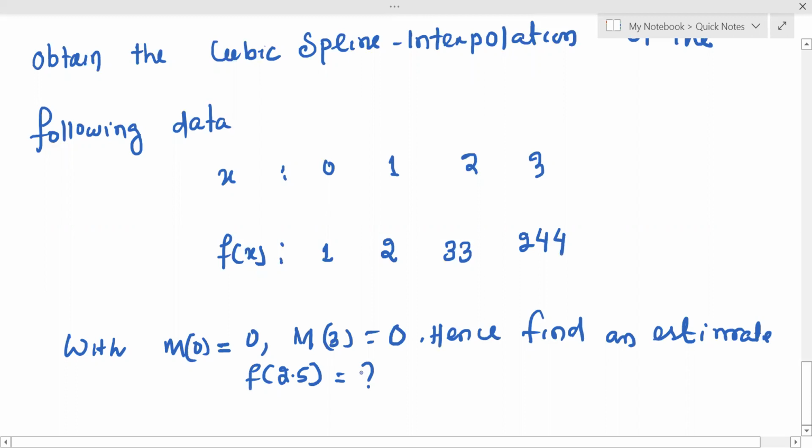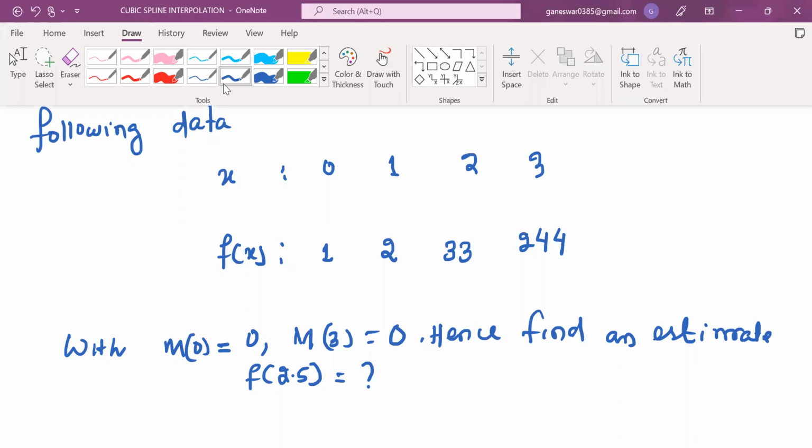Just you can see this example for solution of the problem. So just you look out here, how many intervals you have to consider here.